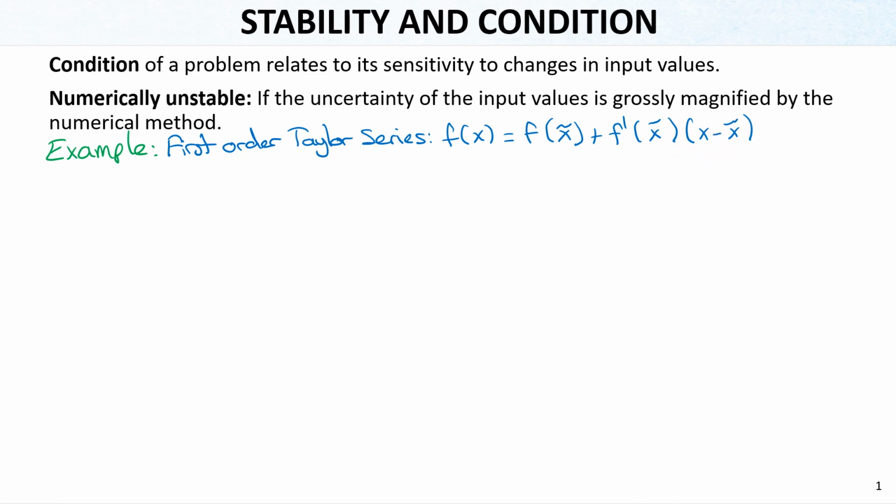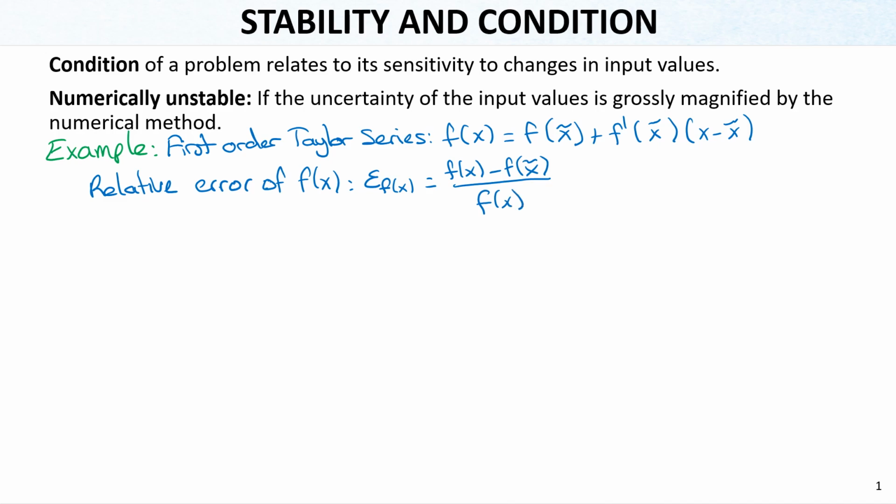So if we also want to write down the relative error of f(x), it is shown by this epsilon value. Epsilon f(x) is equivalent to the difference between the real value and the predicted value divided by the real value. We already know this.